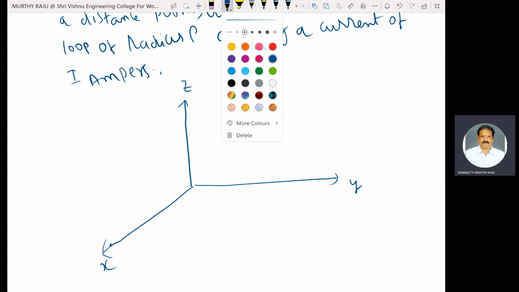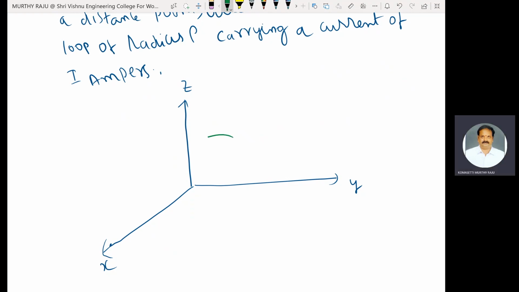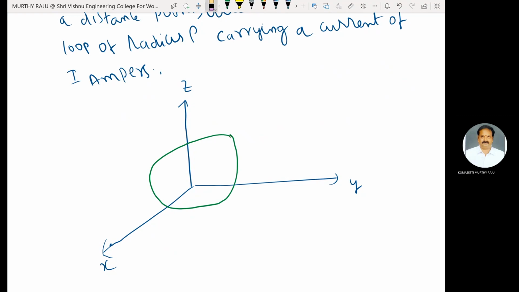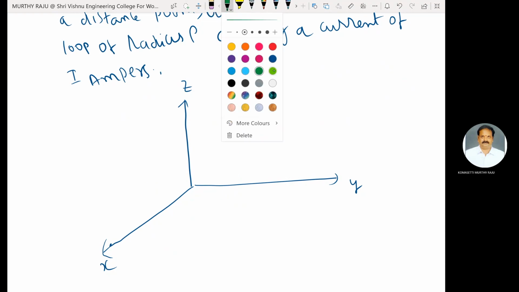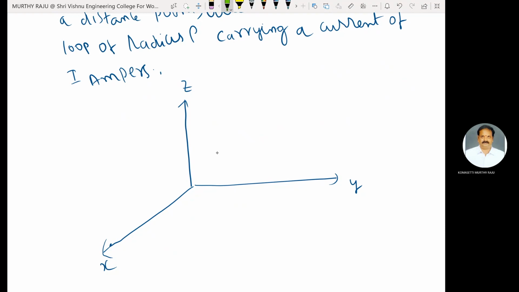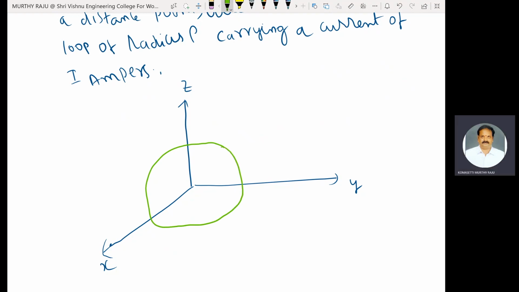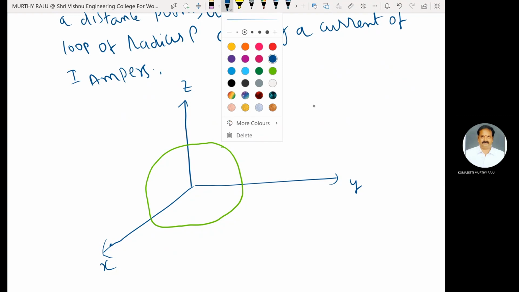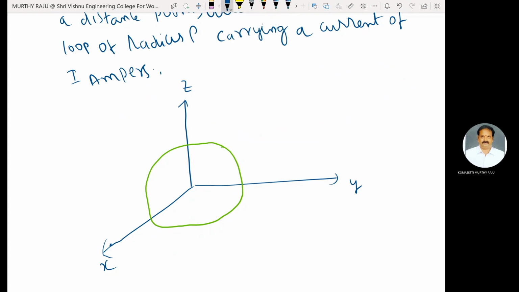Consider a small circle. The radius of that circle is rho.